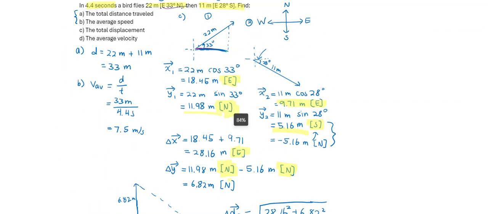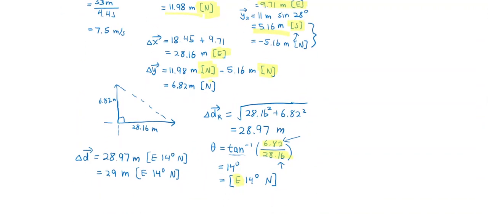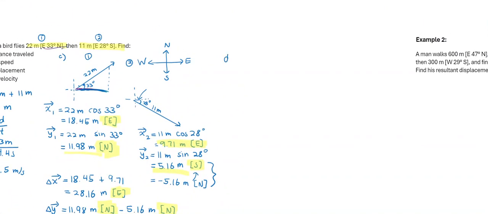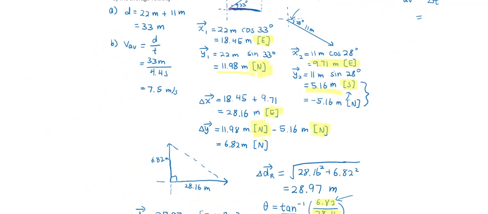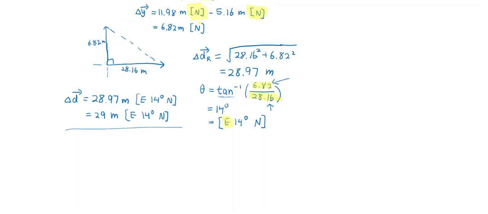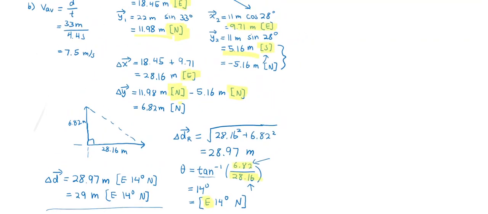Then for average velocity, this stuff is easy. We did all the hard work in part C. So what we're going to do is, we know that average velocity is displacement over time. So we're going to use this value over here for displacement and then do it 29 over 4.4.